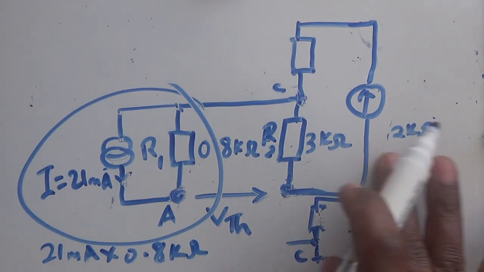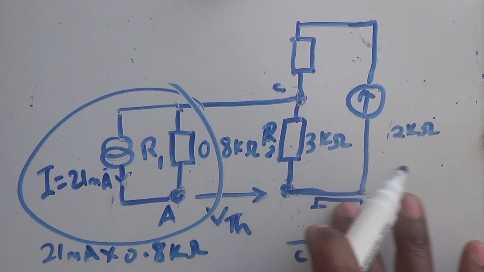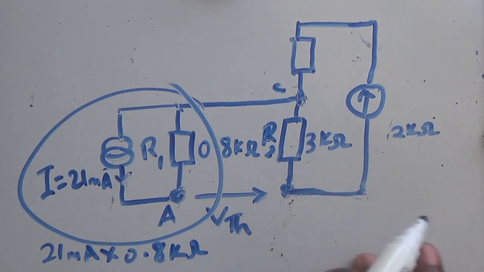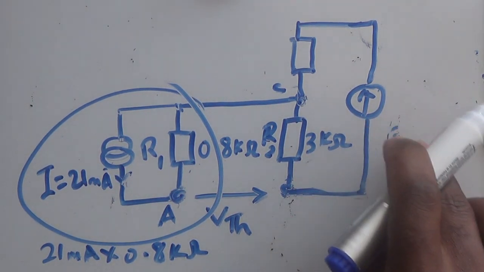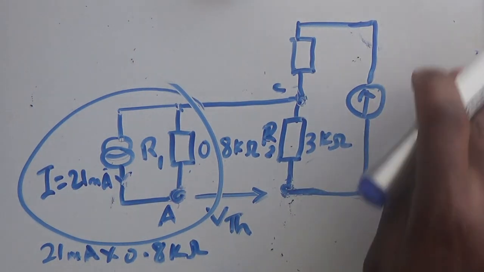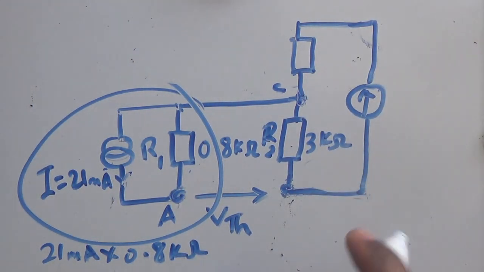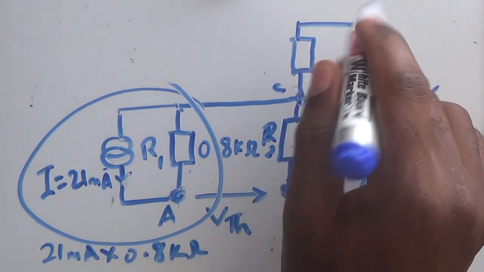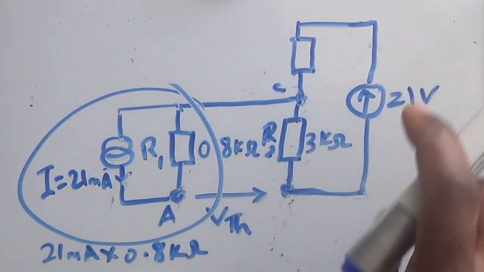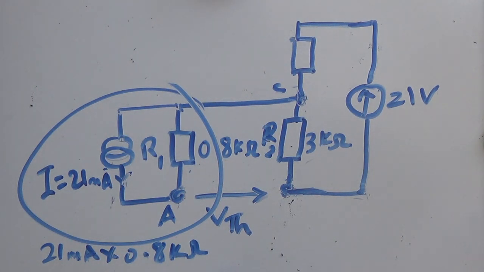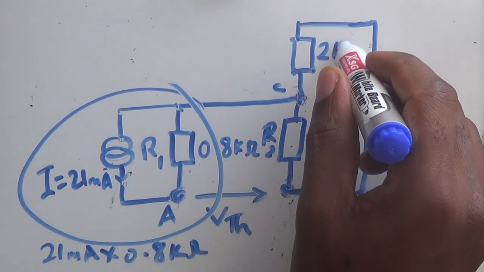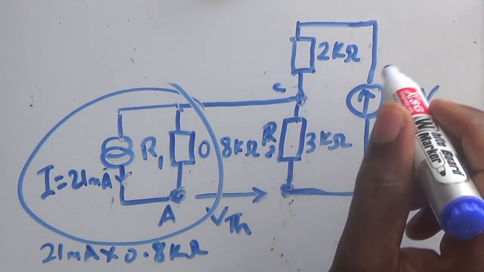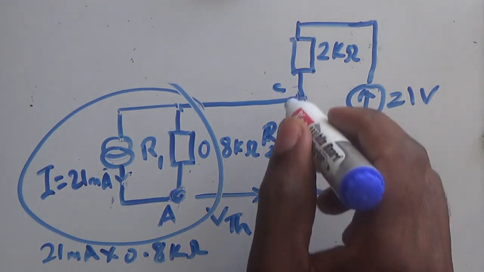So I have the 21 volts here, and then you have the resistance here, the 2K, 2 kilo ohms.